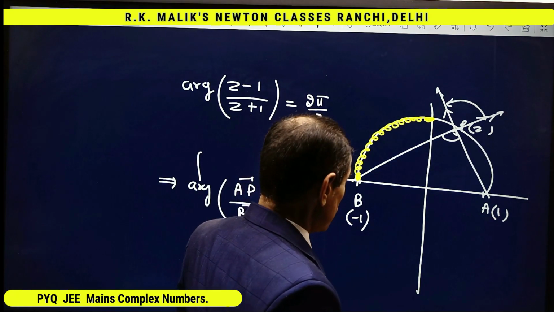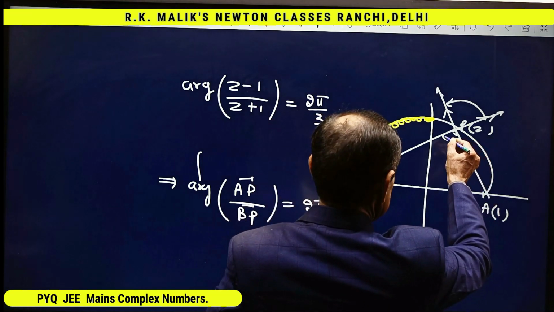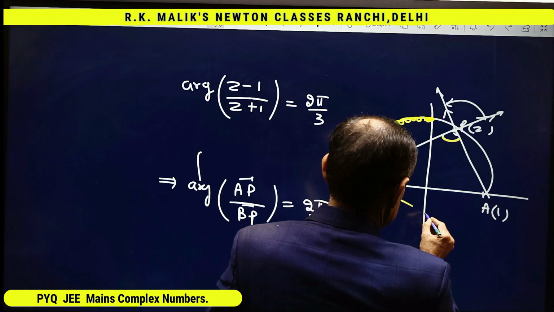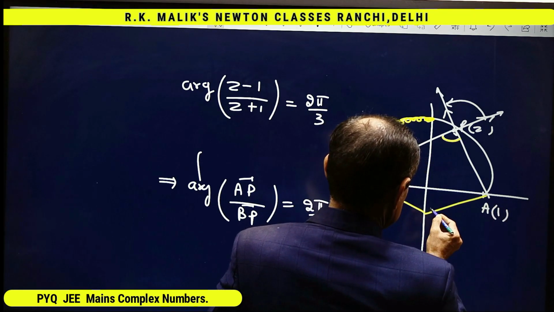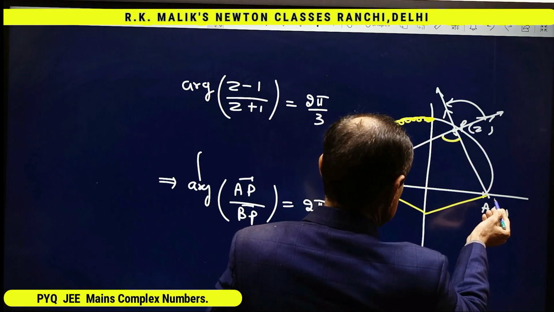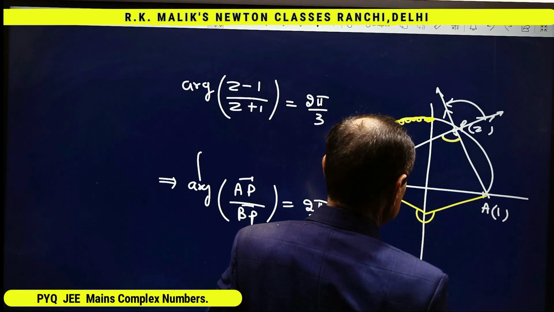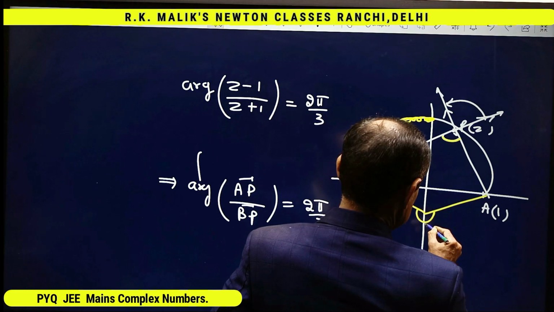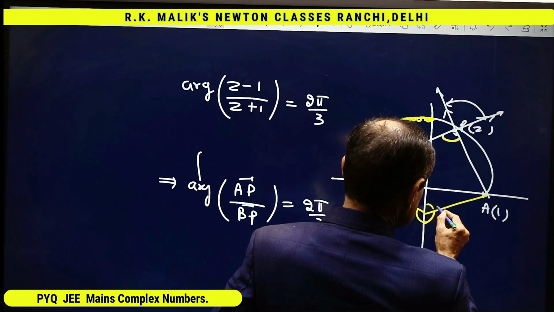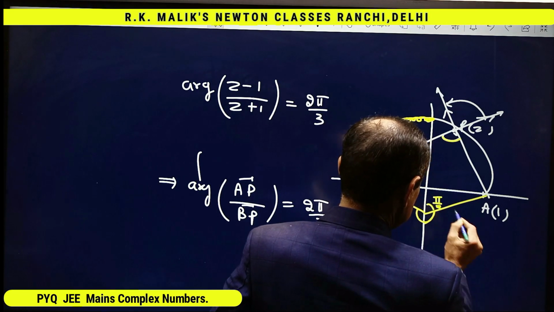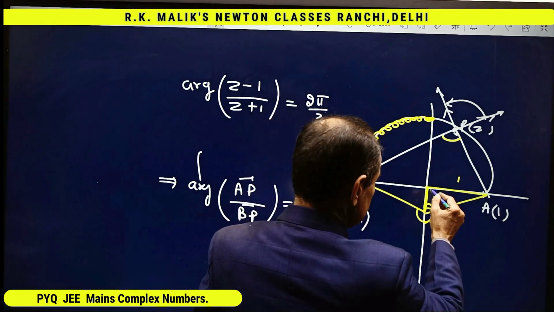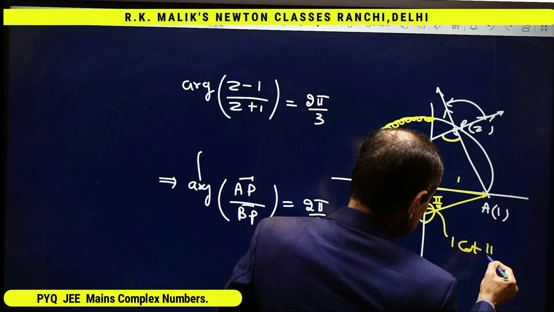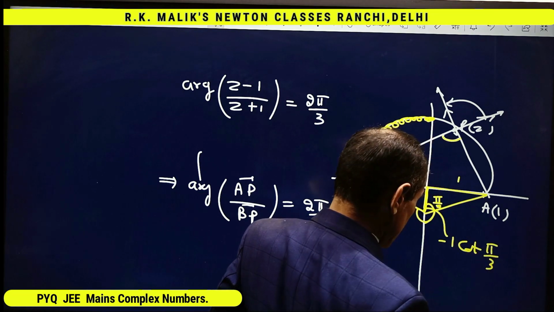And to find the center of the circle, it is clear that because this angle is 2 pi by 3, if this is the center, note that this is the minor arc. This angle would have become 4 pi by 3. 4 pi by 3 means this is 2 pi by 3. That is, this is pi by 3. That is, this length would have become 1 cot pi by 3 with a negative sign.